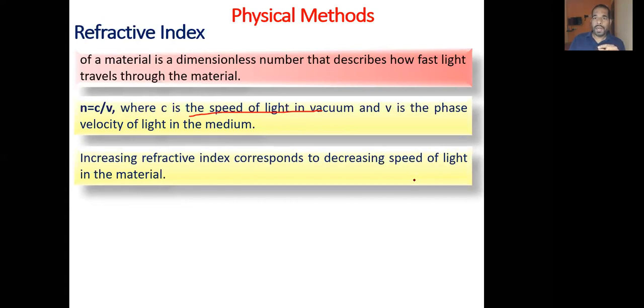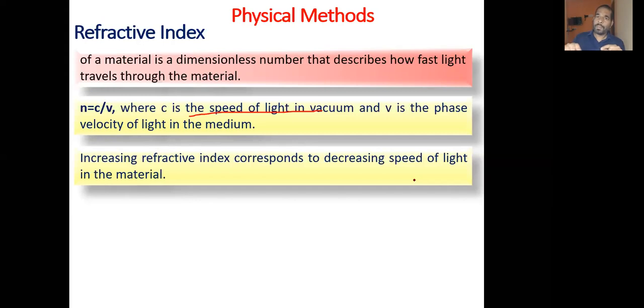For example, if the refractive index is 1, the speed of light is constant. But if it is 1.33, the speed of light decreases. For example, water has a refractive index of 1.33.